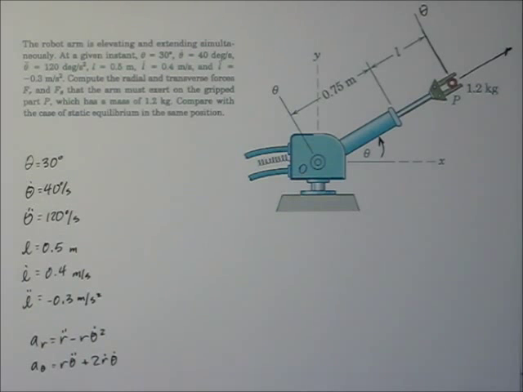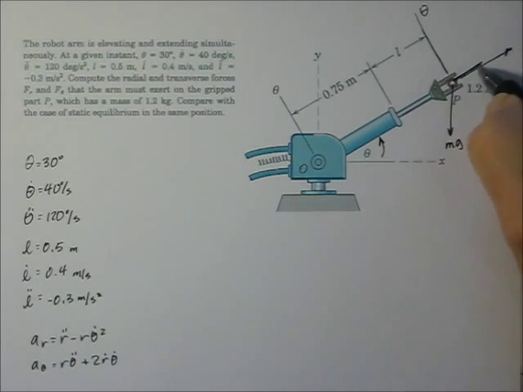This is in a vertical orientation, which means that gravity counts. And so I'm going to draw an mg coming straight down there. We're tasked to try to find the forces to manipulate this thing in the r direction and the theta direction. So I'm going to put a P r going this direction, and a P theta going in this direction.